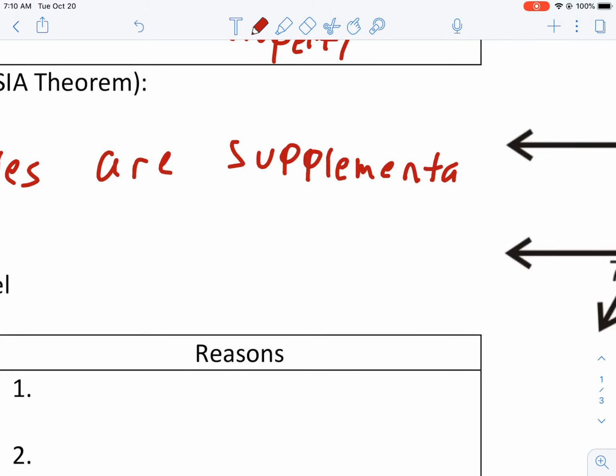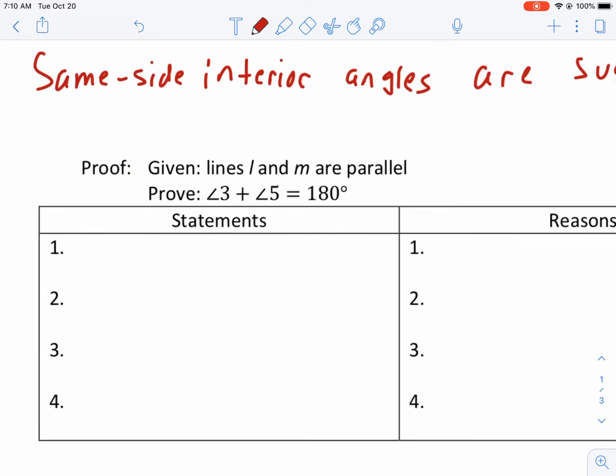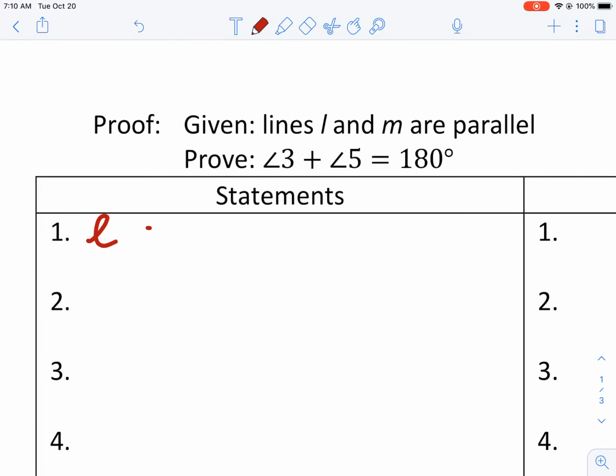So if you remember what supplementary means, it means they add up to 180. Okay, so we're going to try and prove that here. We're going to try and prove that angle 3 and angle 5 add up to 180. So again, we're given that lines L and M are parallel.